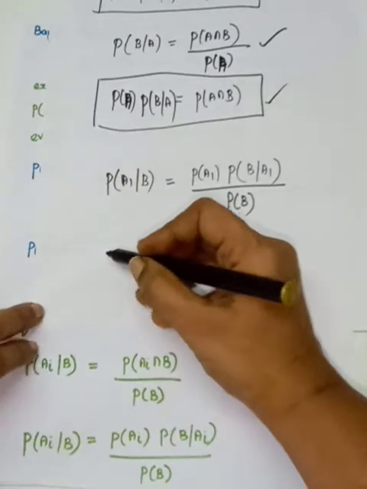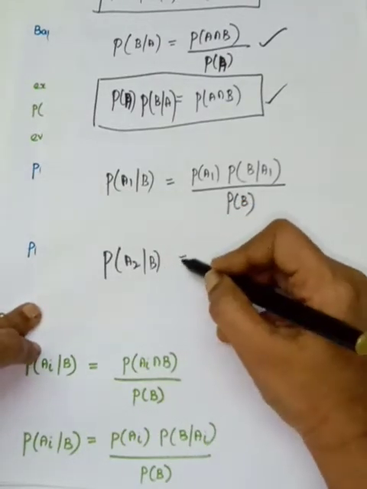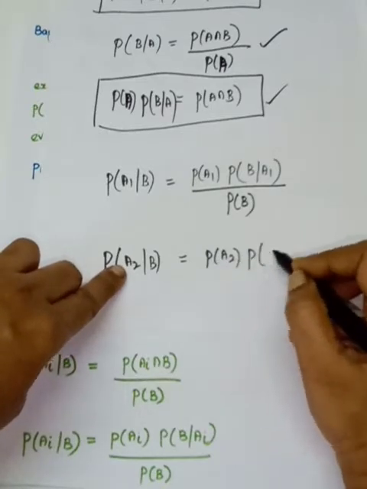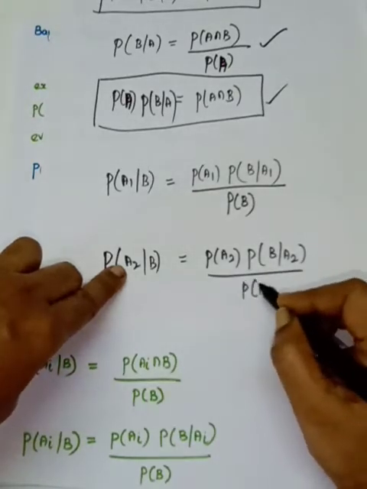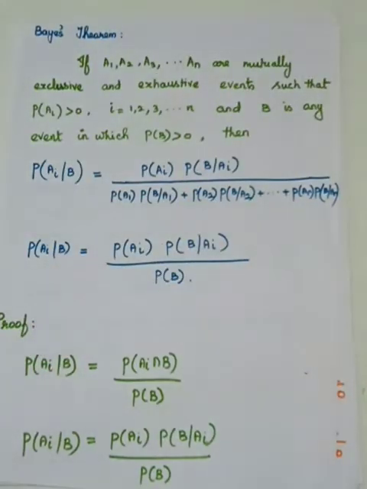I'll repeat for A2. If you want to find P of A2 by B, what do you have to write first? P of A2 into P of B by A2 divided by P of B. So that is the Bayes theorem. Using these two theorems, we are going to do the problem.